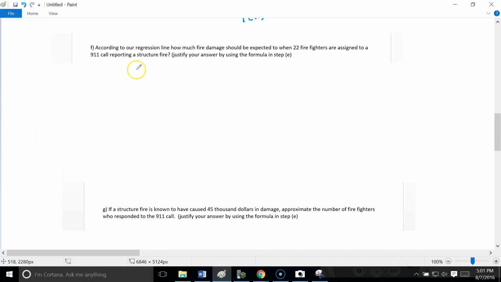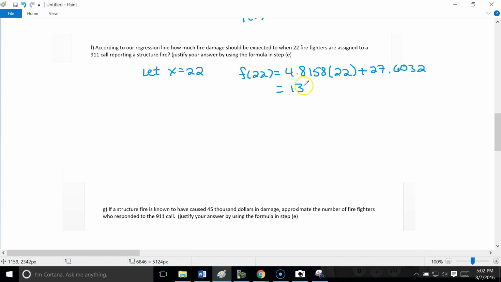So we start off with let x equal 22, and we're going to have f of 22 equals 4.8158 times 22 plus 27.6032, and then we use our calculator to figure out what that is, and we get something pretty close to 133.5508, I think.